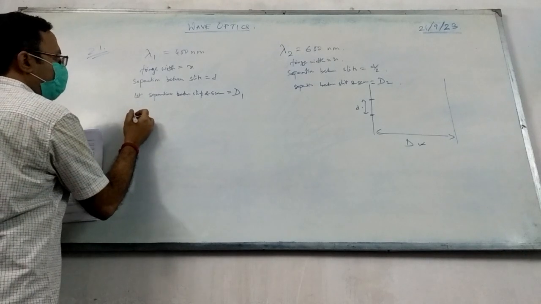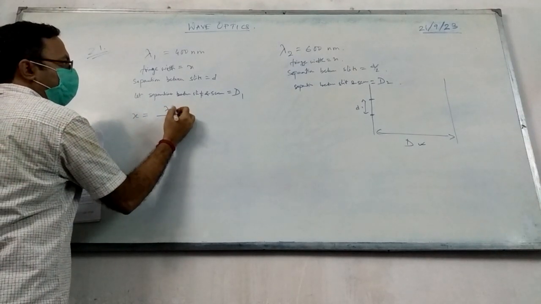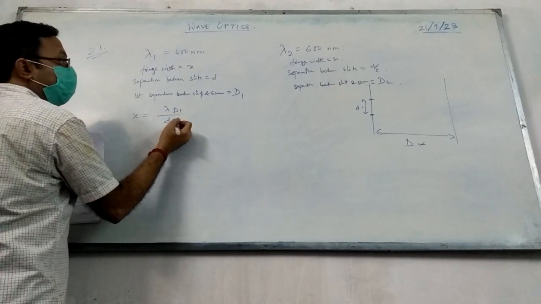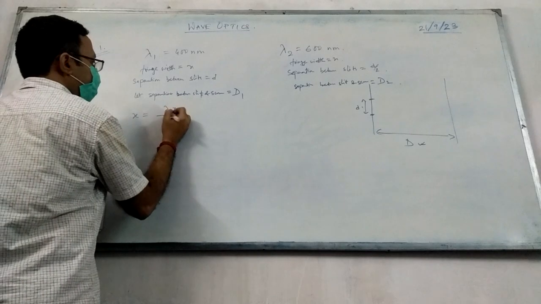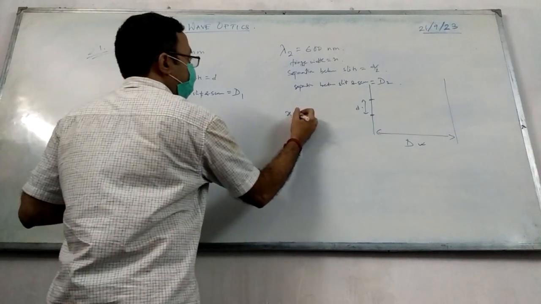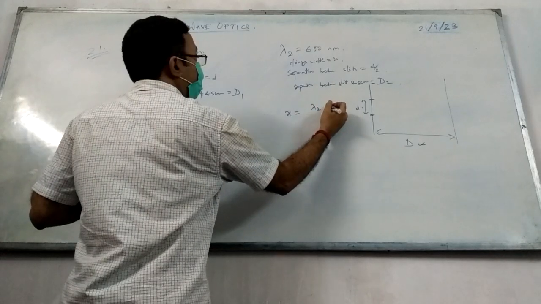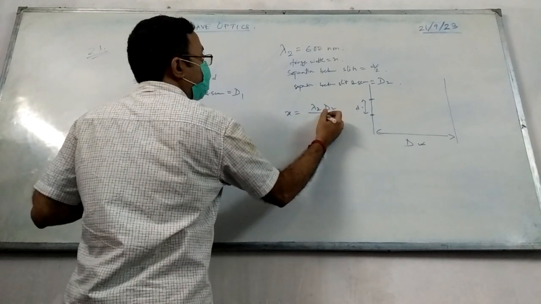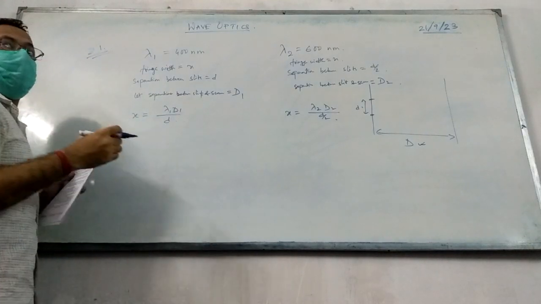So you know the formula for fringe width, it is lambda capital D1 by small d, and in here let's write this as lambda 1, and in here the same, lambda 2 d2 by d by 2, right? So we need to find out the ratio of d1 is to d2.